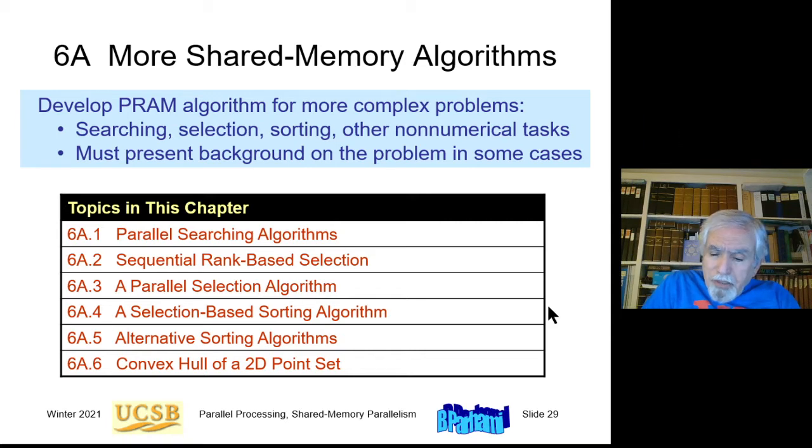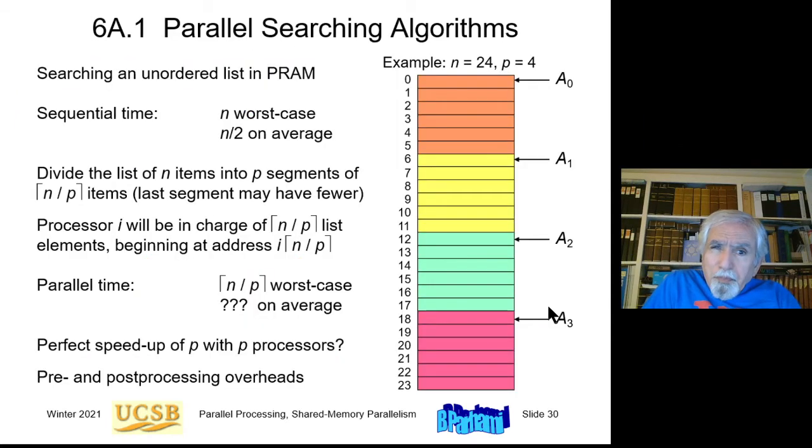Okay, so let's get started. The first item of business is dealing with searching algorithms. And the first version of the searching algorithm is when the list is unordered.